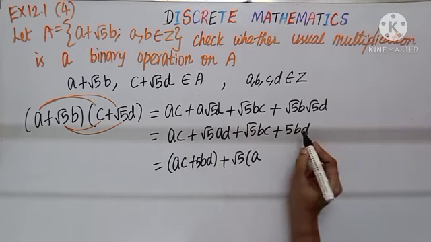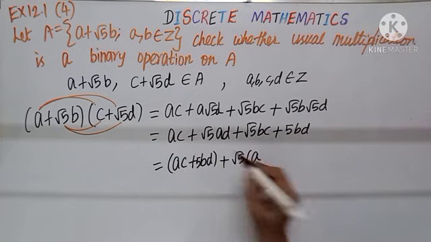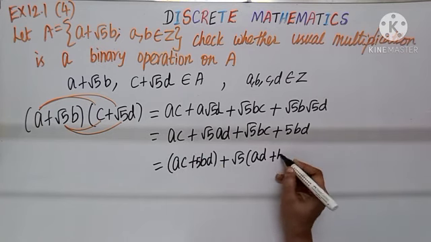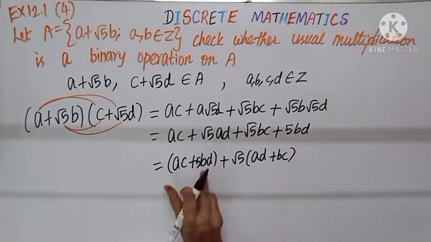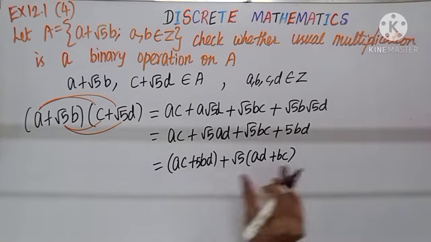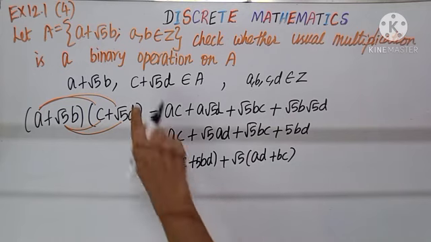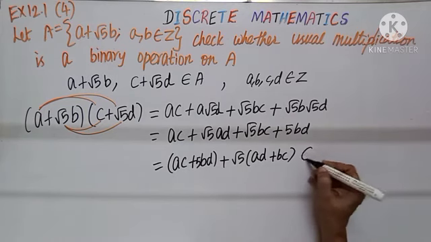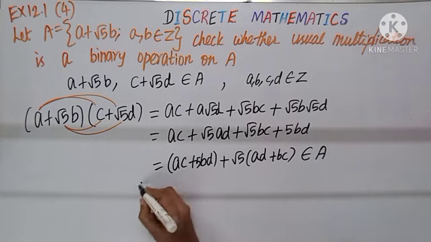So ac plus 5bd plus root 5 into ad plus bc. I have something without root 5 and something with root 5, same format. So it belongs to A. Therefore, usual multiplication is a binary operation on A.